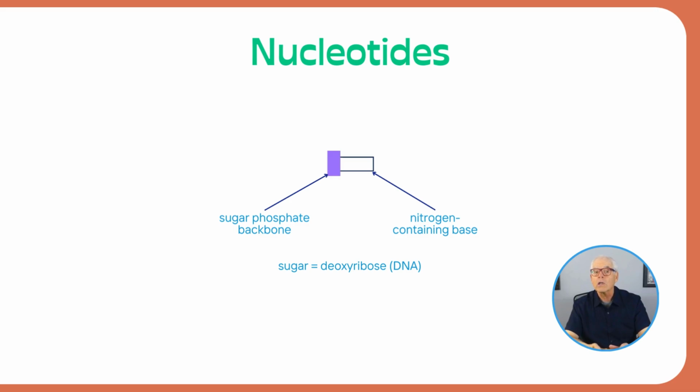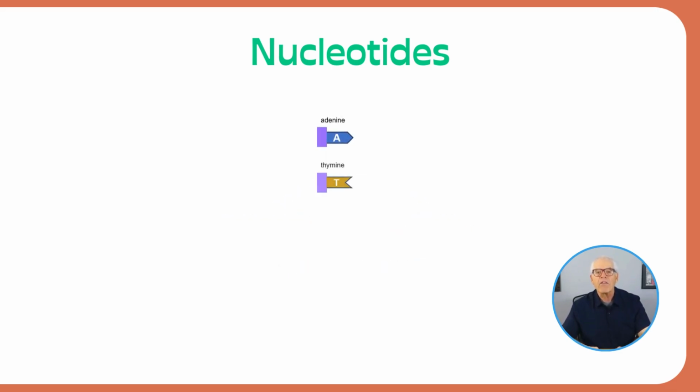The sugar is deoxyribose, and there are 4 different nucleotide bases used to make DNA: adenine, thymine, guanine, and cytosine. Think of them as the 4 letters of a language. The letters are A, T, G, and C, abbreviations for the 4 nucleotide bases.